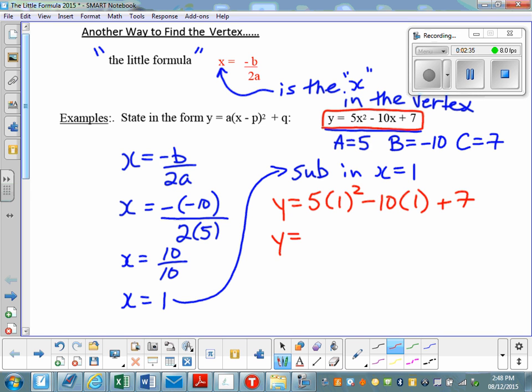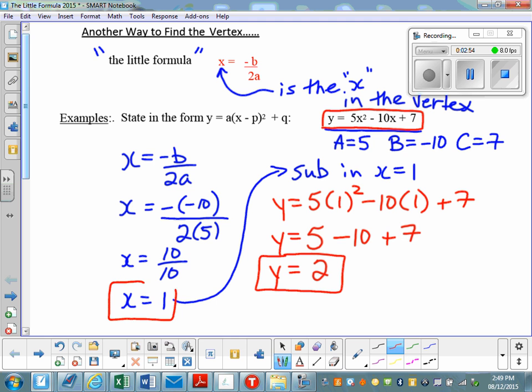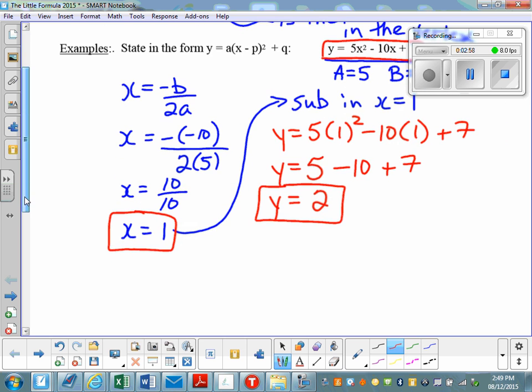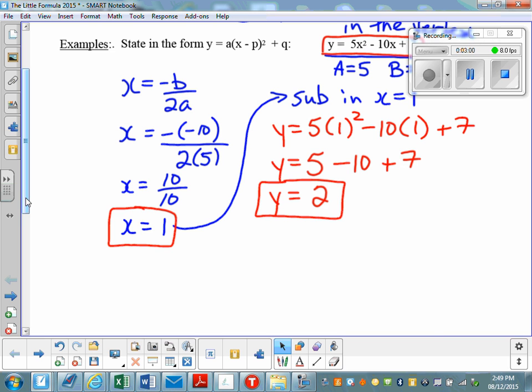So when I do that, 5 times 1 squared is going to be 5. Negative 10 times 1 is going to be negative 10. And then plus 7. And when I add those up, I get y is equal to 2. So now I've got the x part of the vertex and the y part of the vertex. So that means that the vertex is 1, 2.